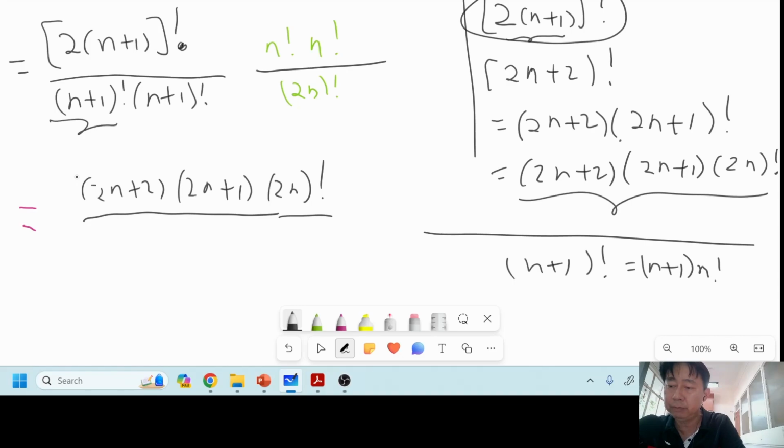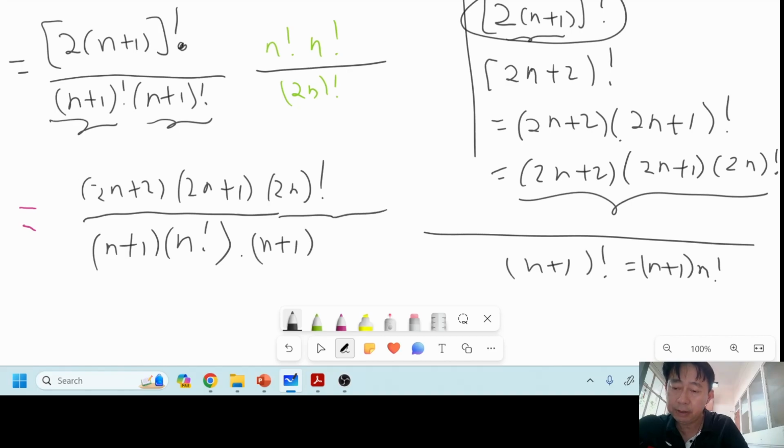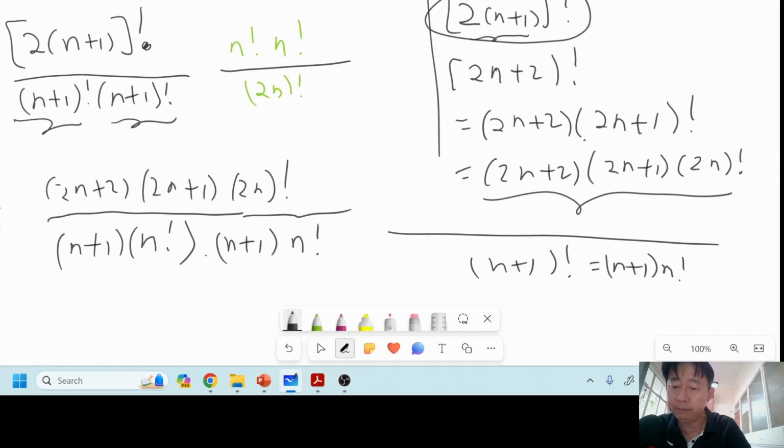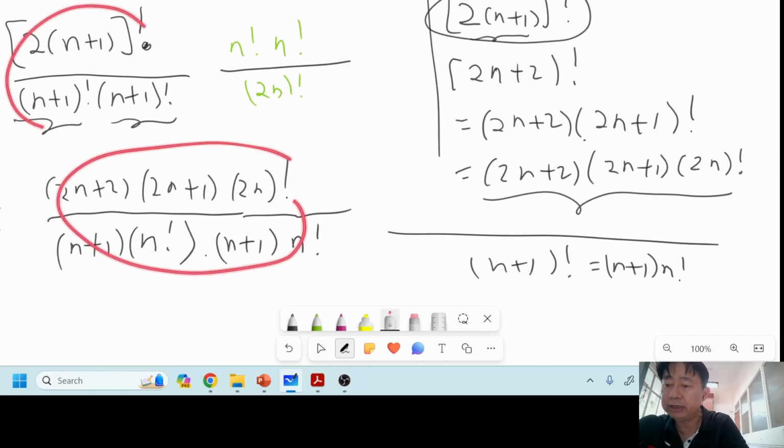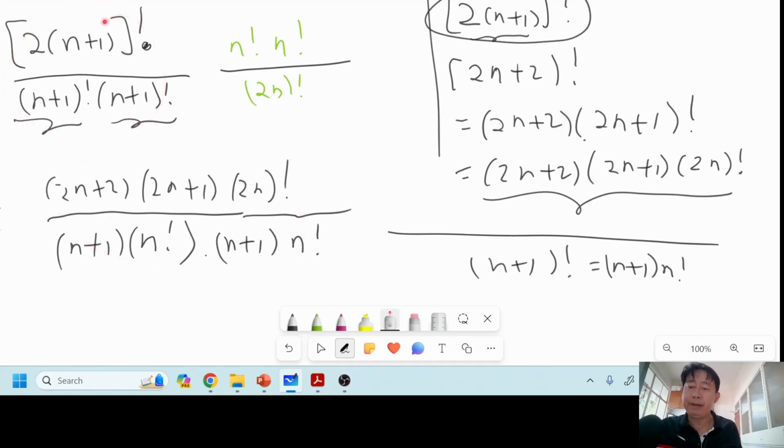Therefore, this term becomes n plus 1 multiplied with n factorial. So that is the simplification of this expression for a at n plus 1.